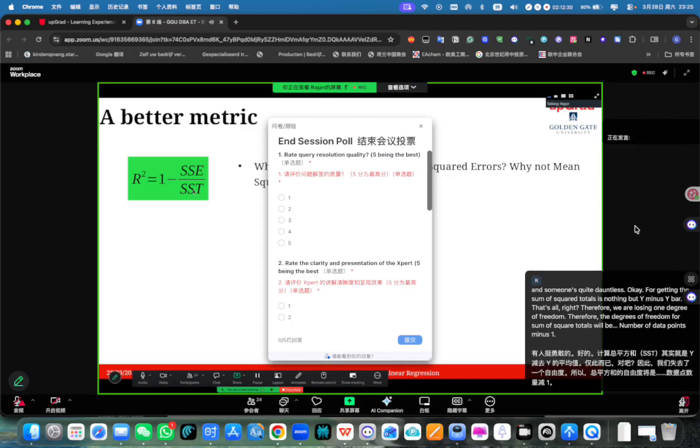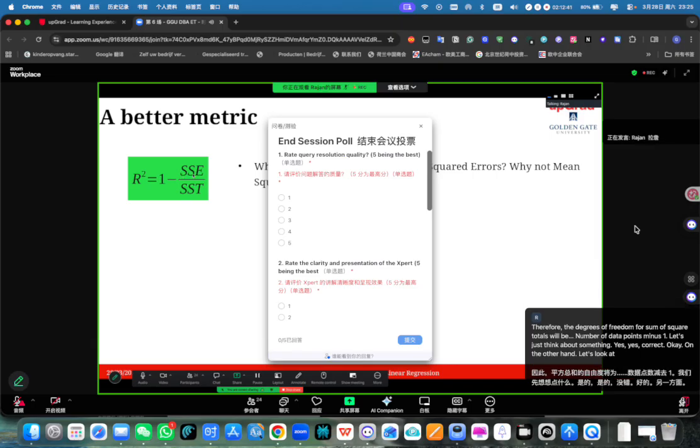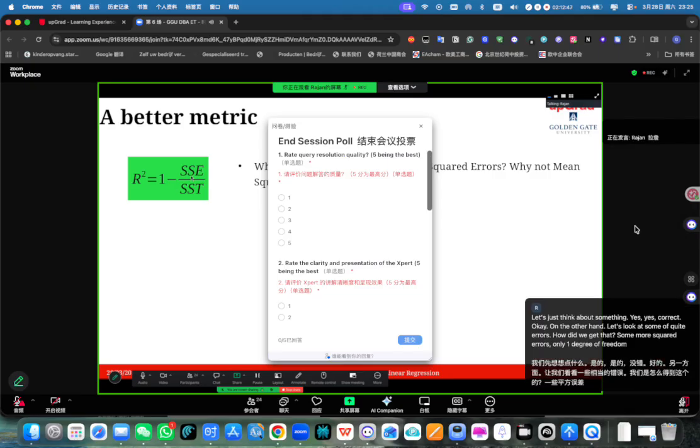Let's think about this. Yes, correct. On the other hand, let's look at sum of squared errors. How did we get that? Already 1 degree of freedom is lost when we are calculating the mean. Then we build the model. When we build the model, we calculate two quantities, beta naught and beta 1.